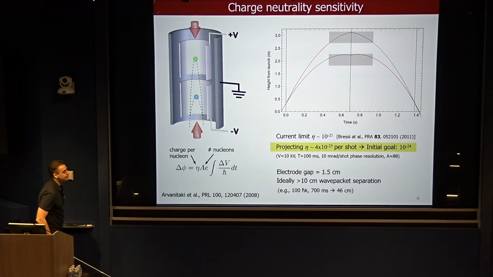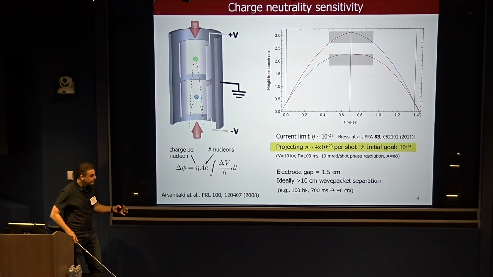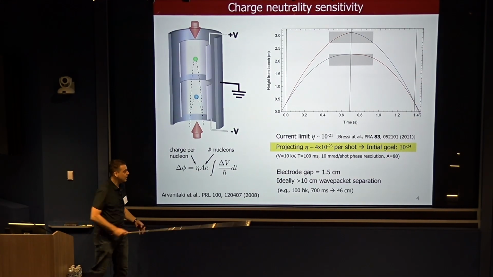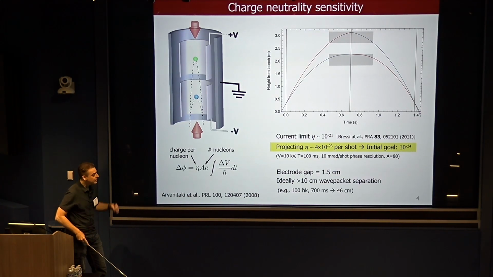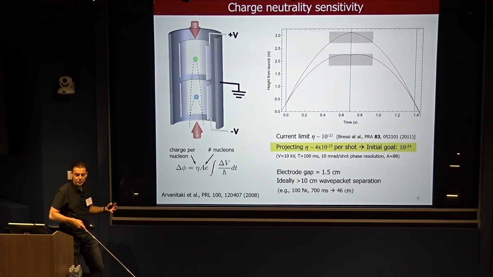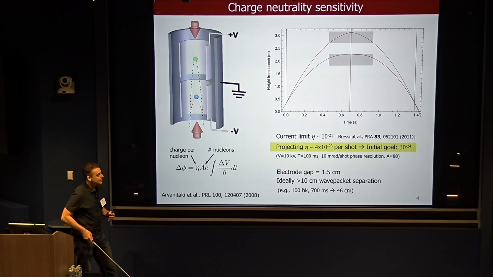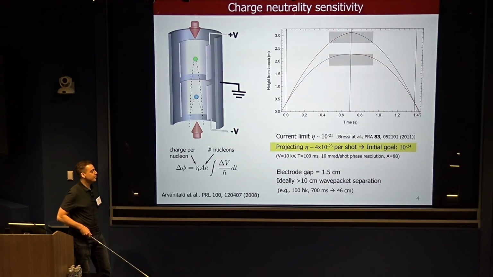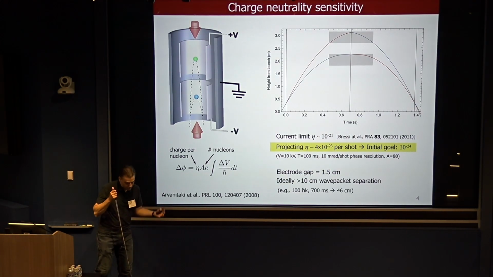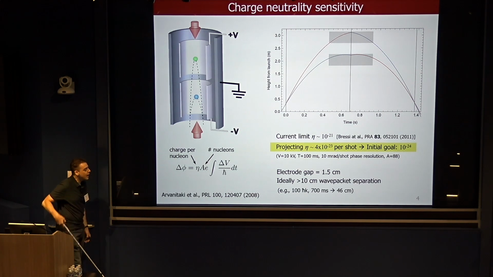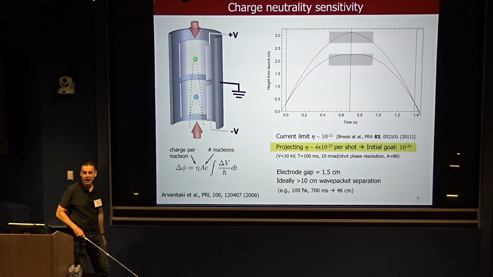Just to give you a sense, with relatively conservative numbers from our perspective, so spending 100 milliseconds inside the electrodes, turning them up to 10 kilovolts with 10 milliradian per shot resolution, so not really pushing too hard on the shot noise limit of the atoms, we can get basically 4 × 10⁻²³ per shot on eta, which is a couple orders of magnitude better. And with reasonable averaging time, averaging over 1,000 shots, you can get down to about 1,000 times better than the current limit.